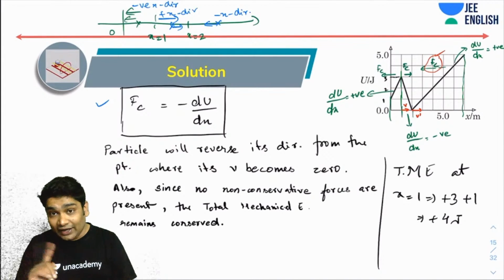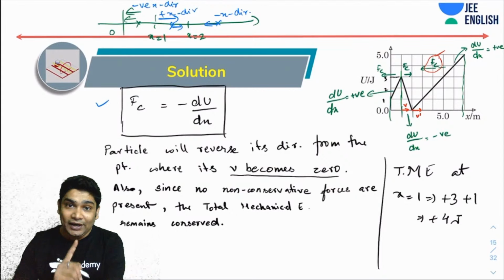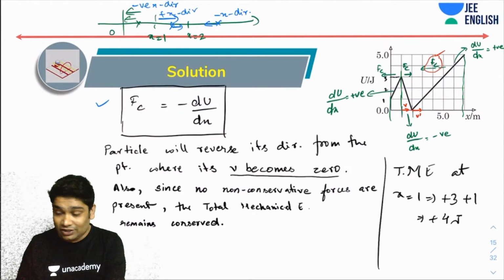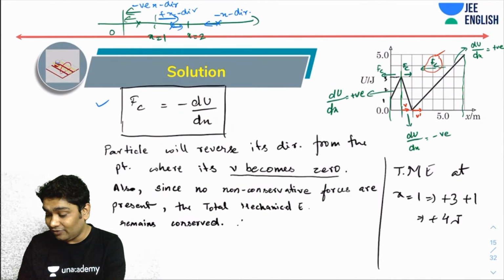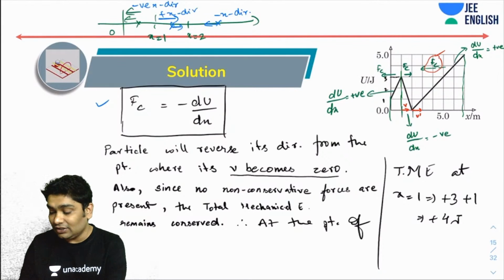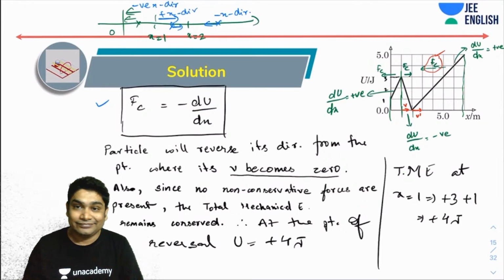Now, when it has to reverse, I have told you that its v becomes 0. So at the point where it gets reversed, all the energy would have gone into the potential energy. Therefore, can I say that at the point of reversal, U should be equal to plus 4 joules.